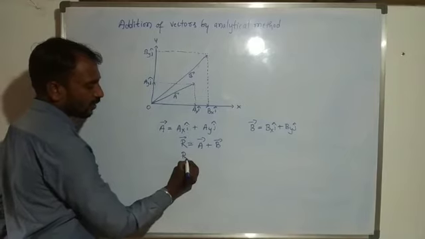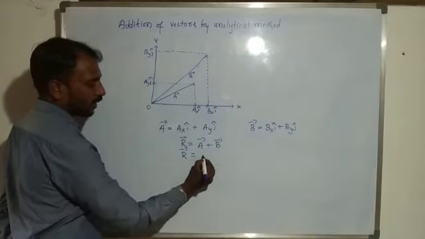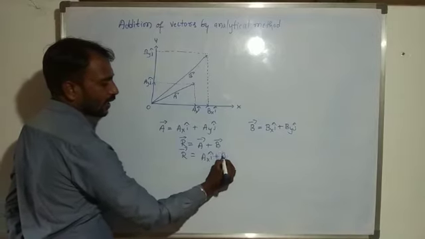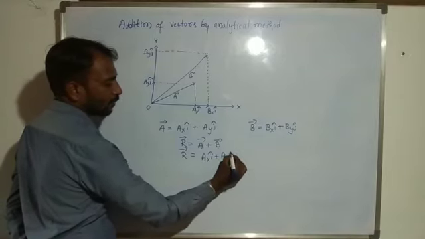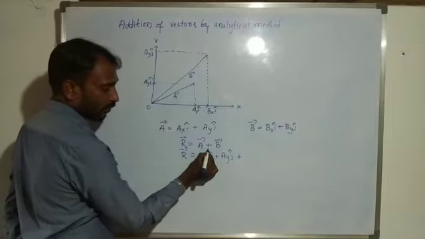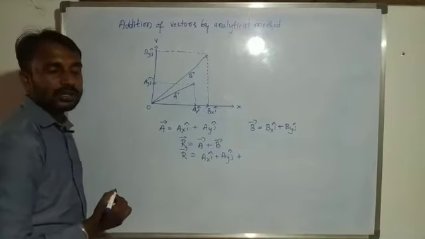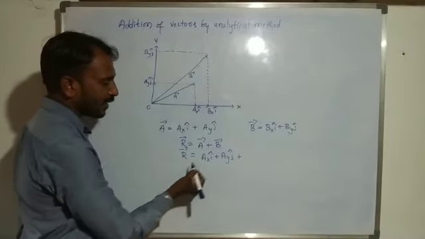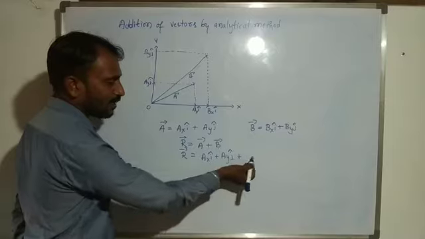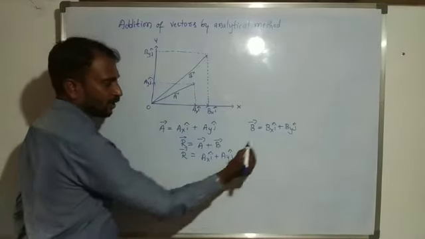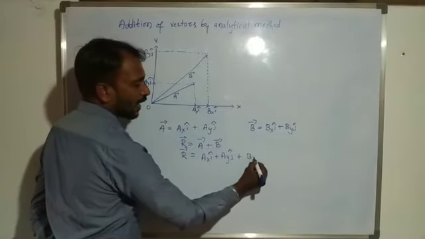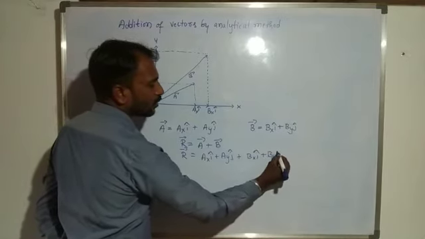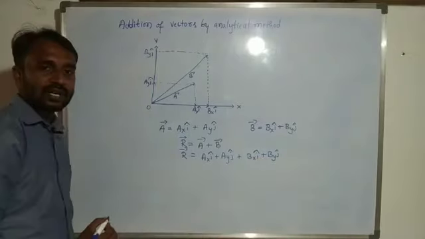So the resultant vector R is equal to Ax i cap plus Ay j cap plus Bx i cap plus By j cap. We just add these two vectors, vector A plus vector B.